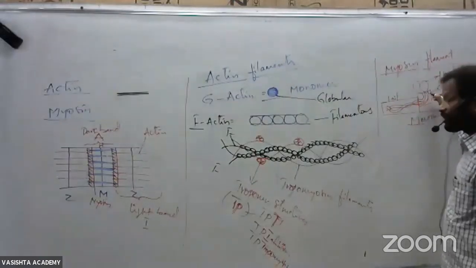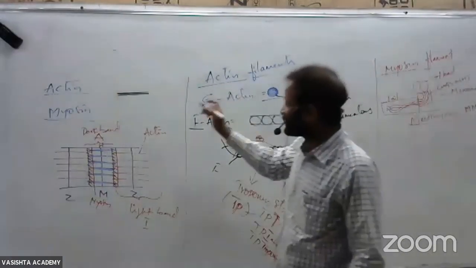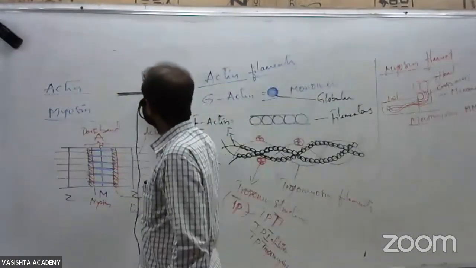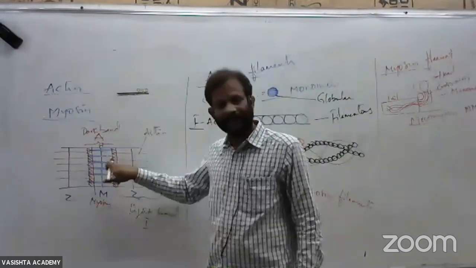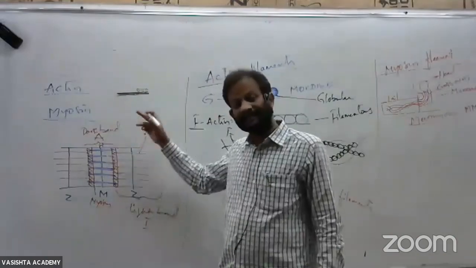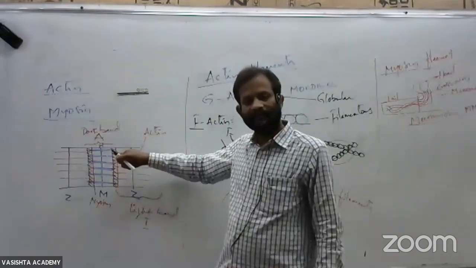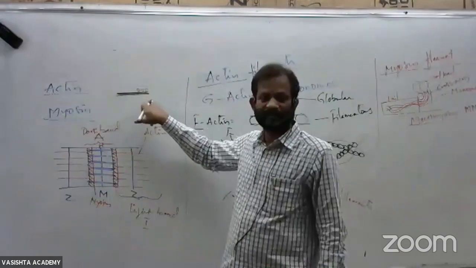What happened to the cross arm and head? They will be there like this. I am not showing that here; in the mechanism of muscle contraction, we have to study about that.